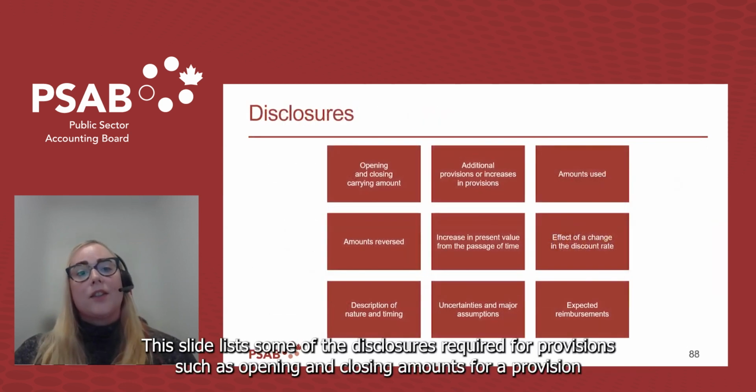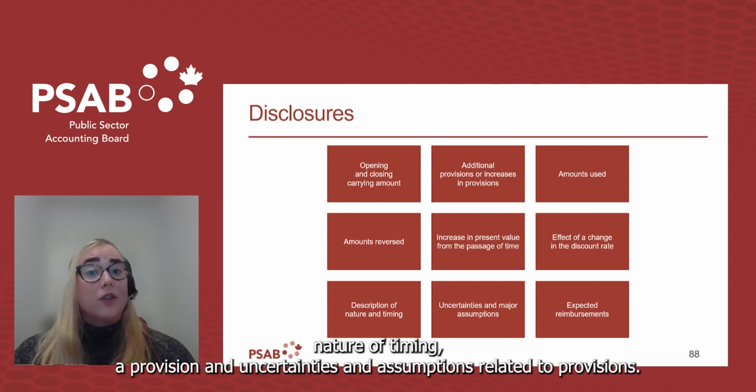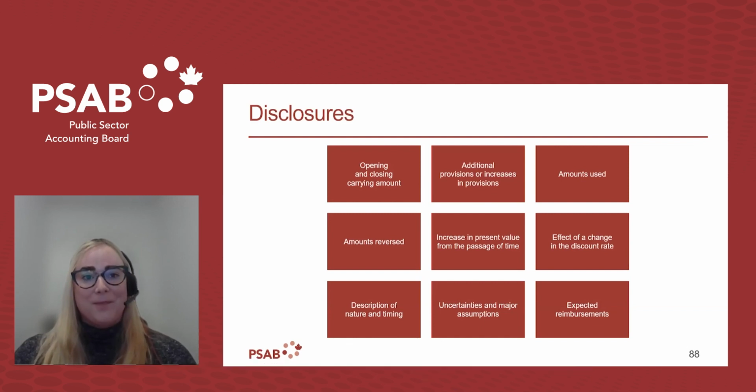This slide lists some of the disclosures required for provisions, such as opening and closing amounts for a provision, increases in provisions, reversals from provisions, and impacts of changes in discount rate, nature and timing of a provision and uncertainties, and assumptions related to provisions.